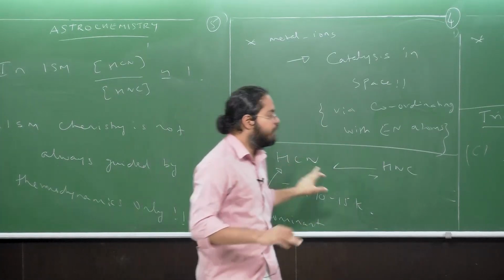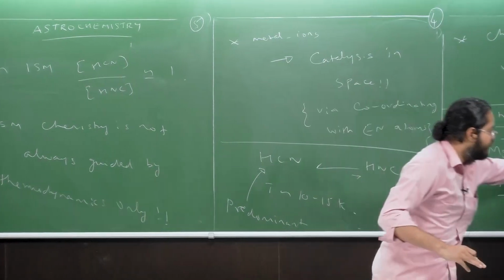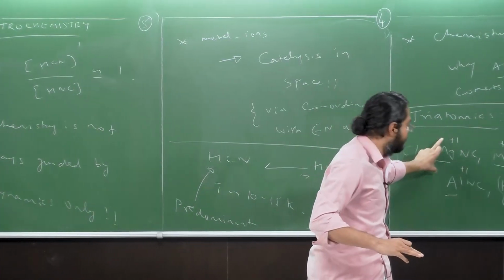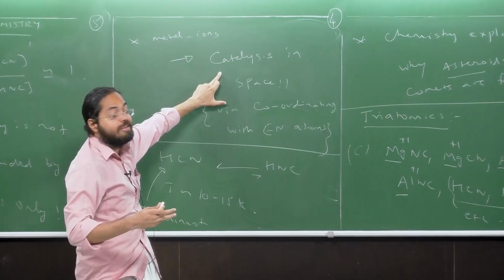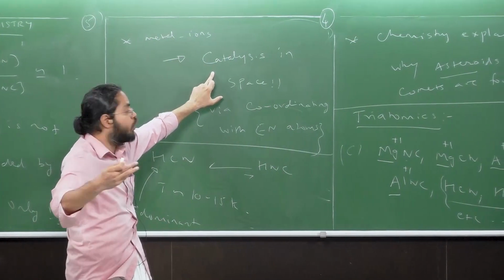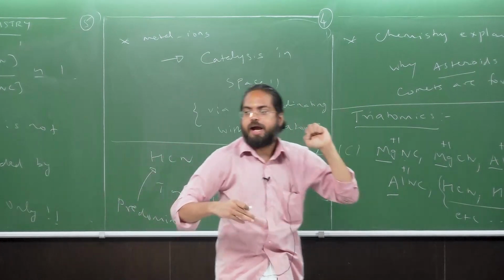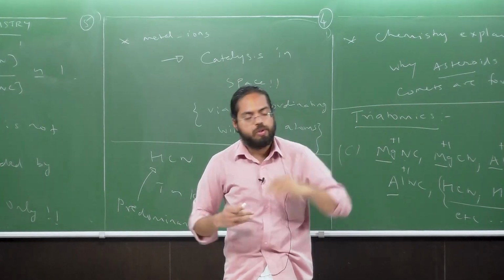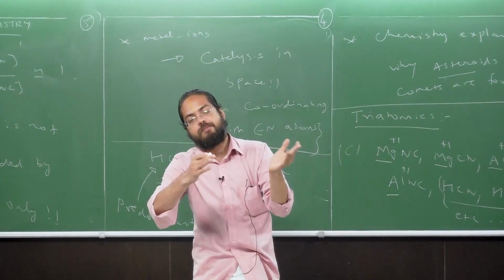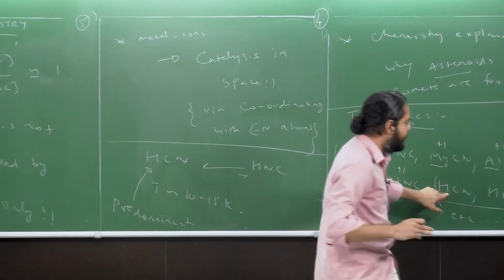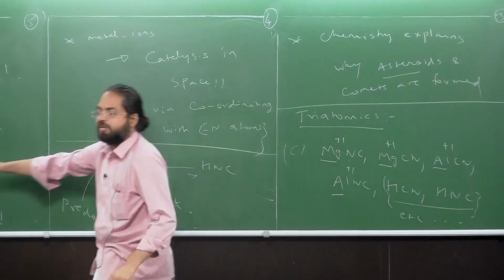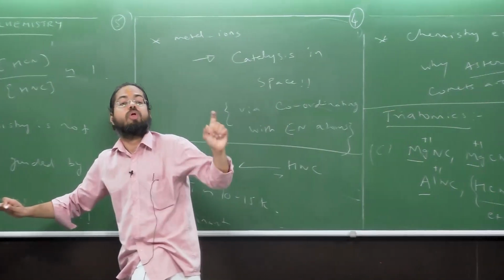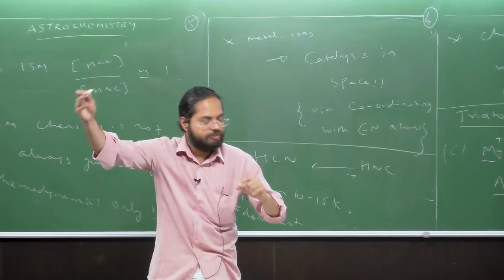But for now, please understand that the triatomics in space, the metal-bearing ones, help us understand various aspects of catalysis in space, how the metal ions can coordinate with electronegative atoms and aid in chemical or molecular evolution in space. Whereas a simple molecule such as HCN and its counterpart HNC teach us that thermodynamic principles are not the sole guiding factors in the ISM.